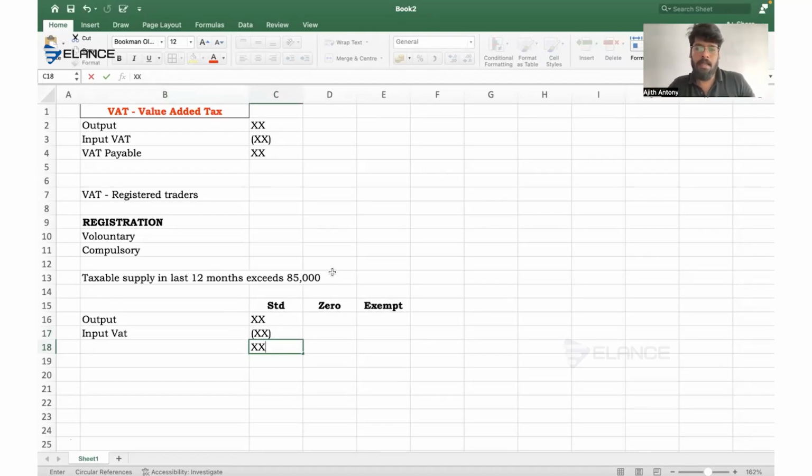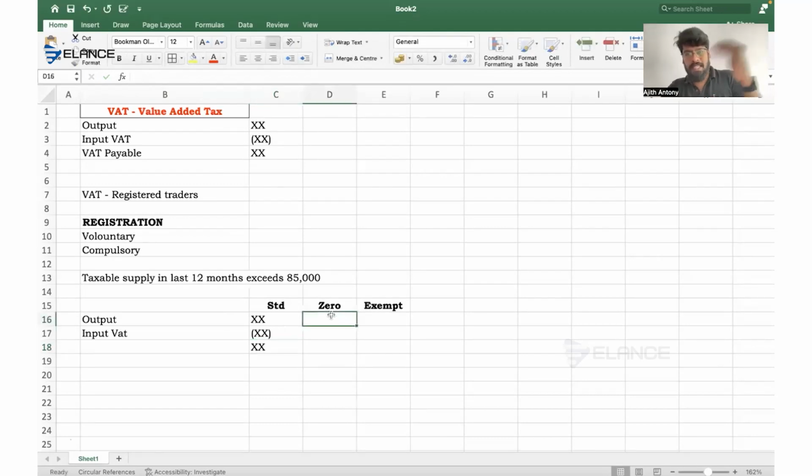When it comes to the zero rated supply, we cannot collect the output VAT from our customers. For example, in the UK, medicines and medical equipment come under the zero rated supply. If I'm a medicine seller in the UK, I can sell this medicine to my customers, but I cannot collect the output VAT, because medicines come under the zero rated supply.